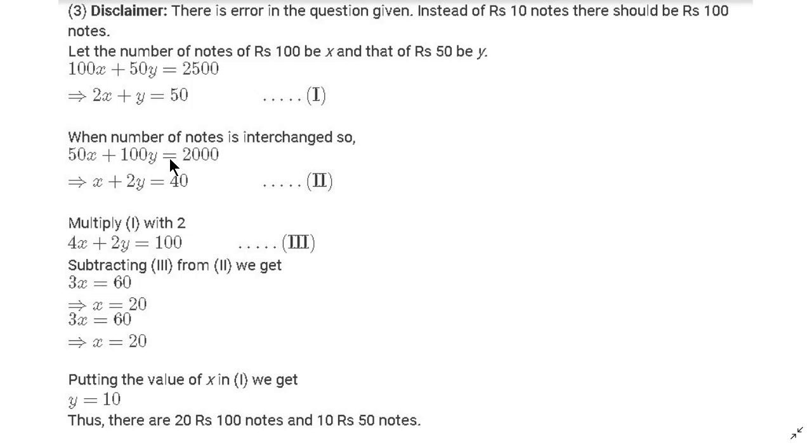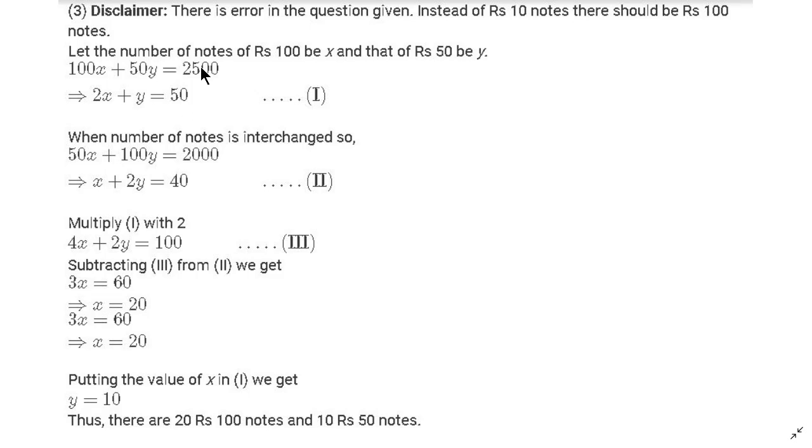Now the second equation. If Anand would have given her the amount by interchanging the number of notes, Anushka would have received 500 lesser than the previous amount.